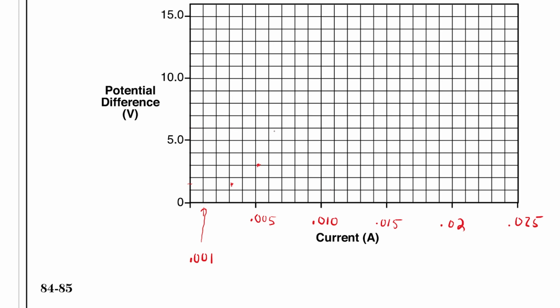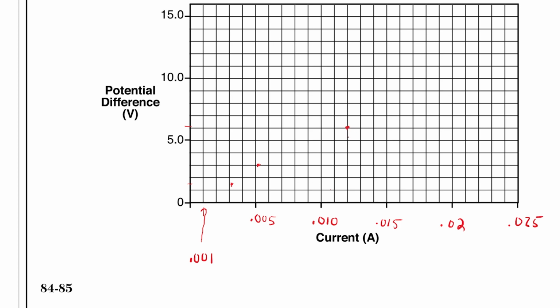At 6 volts, we're now at 0.0124. So 0.01, 0.011, 0.012. It's going to be right here in this general area.